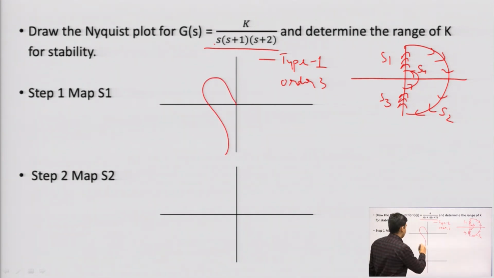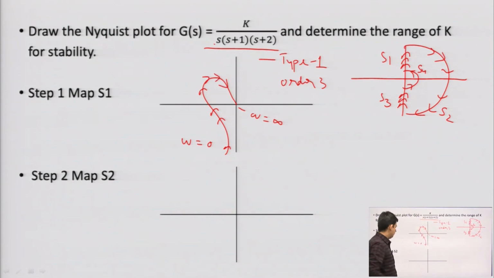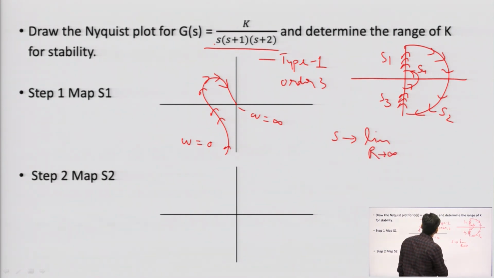Okay. So, here my omega is 0 at this point and here my omega is infinity, this plot is going like this.